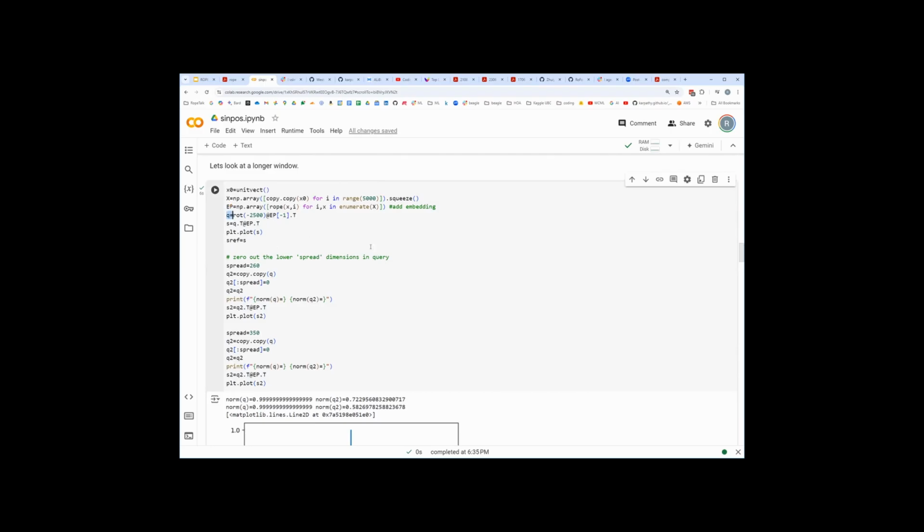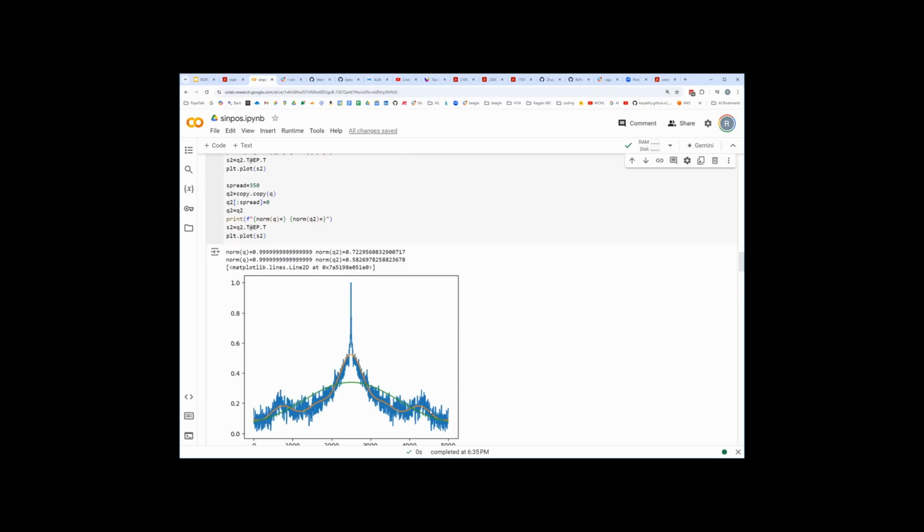So that would be essentially a query that should match the one at 2,500 since it's a 5,000 long sequence. Because the key and the query are identical. The query's been rotated back 2,500. And then we just plot the similarity, the dot product of the query and all the positions with the embedding added to it. That's what this is doing.